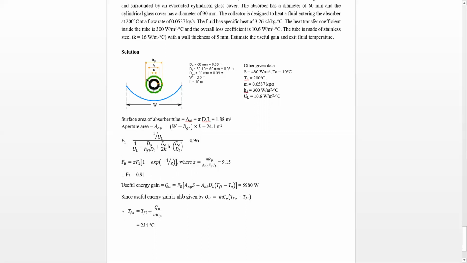Then we will use this expression for the concentrating collector. The useful energy gain comes out to be 5980 watt. We also know that the useful energy gain is given by the thermal energy increase of the fluid flowing through the tube, which is m dot Cp into TFO minus TFI. So finally, we get the exit fluid temperature as 234 degrees centigrade. So that's it about this lecture.